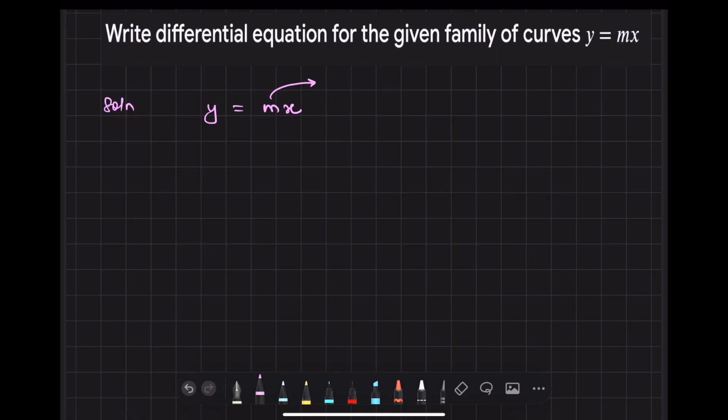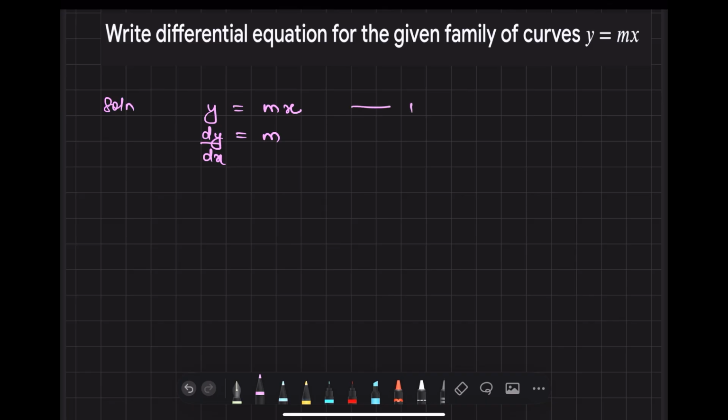So how many arbitrary constants do we have? Right now we have one arbitrary constant. So we will differentiate our function once. We will differentiate with respect to x. So we get dy by dx equals m.